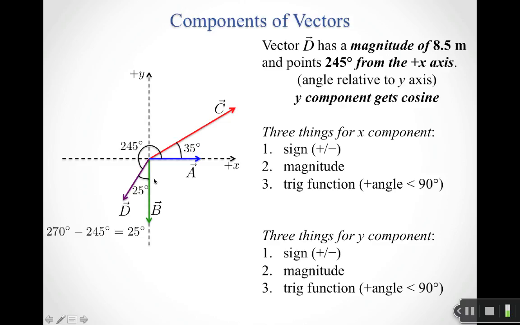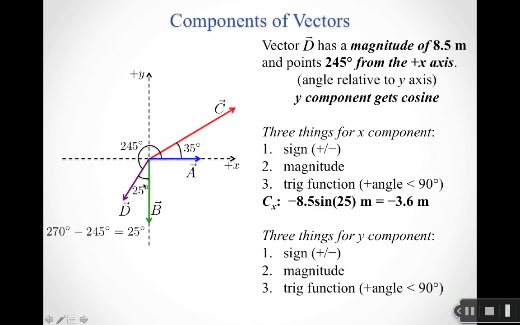When I think about the x component using this angle for vector d, it's still going to be negative because it points to the left, 8.5 meters, but now it's going to be the sine of 25 degrees. That still gives me exactly the same number, because the cosine of 65 degrees is exactly the same as the sine of 25 degrees.